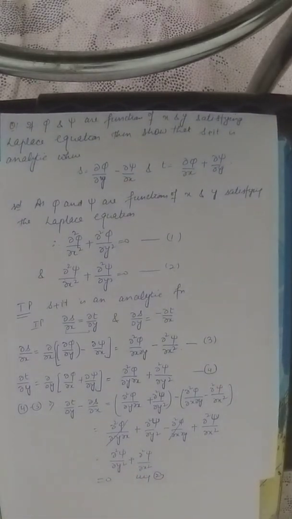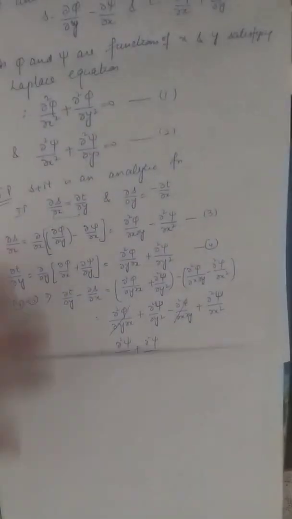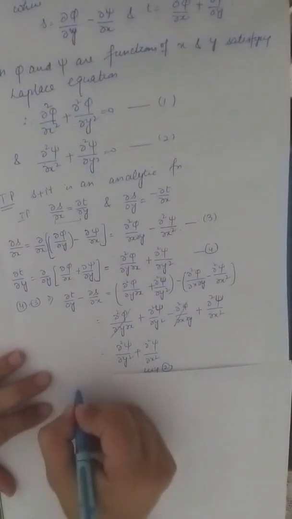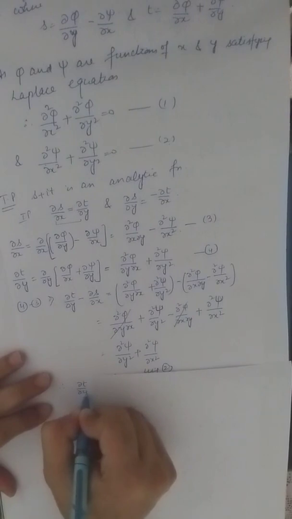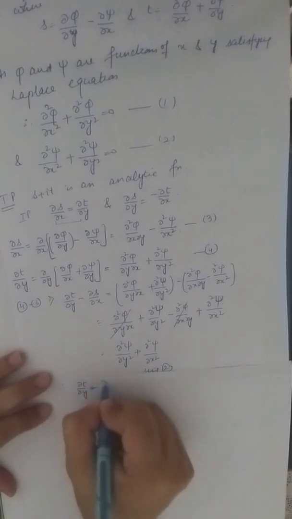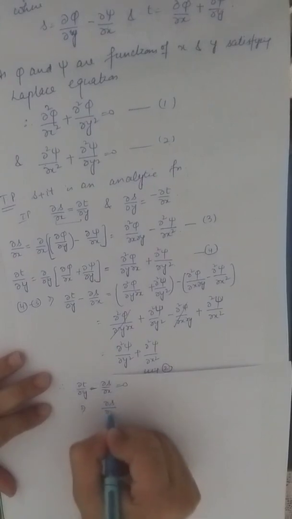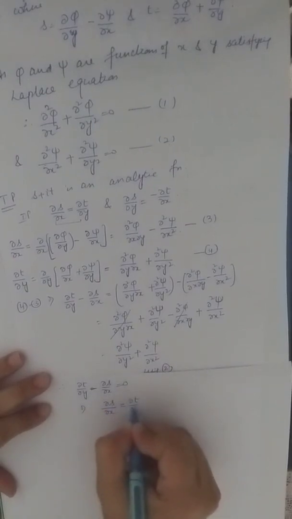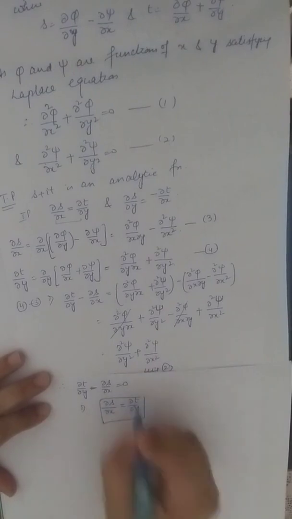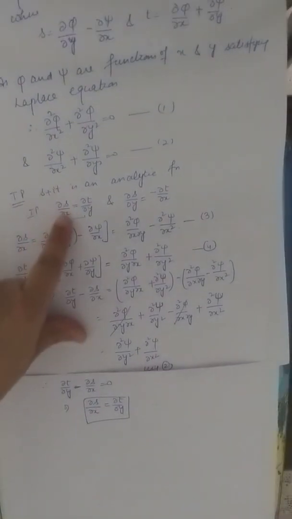Therefore ∂t/∂y - ∂s/∂x = 0. This implies ∂s/∂x = ∂t/∂y. Therefore I have proved this equation.